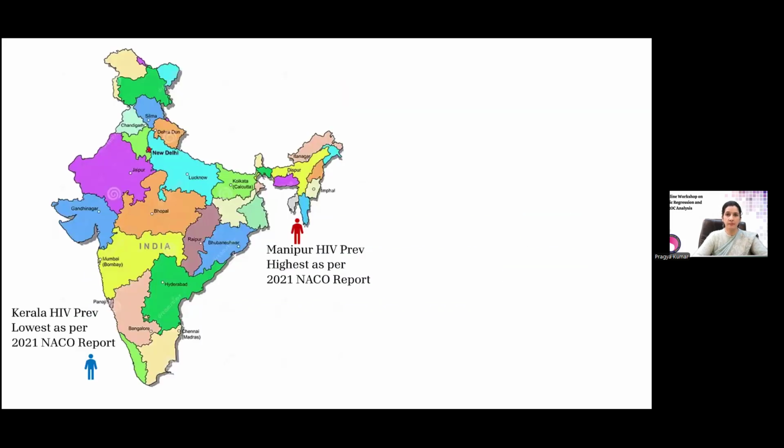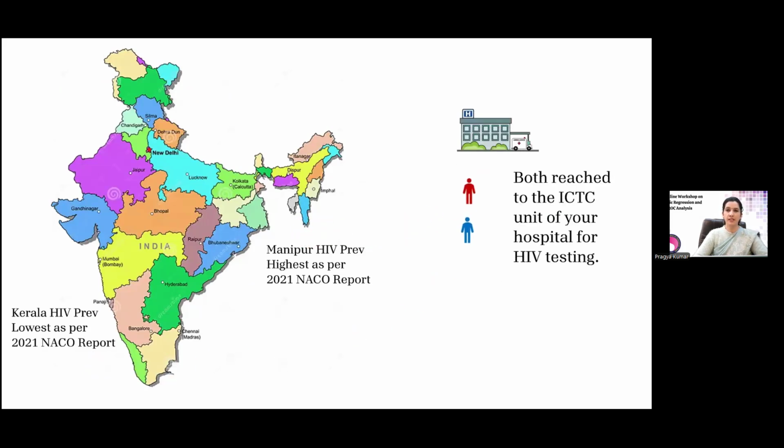Like for this example, if a person is living in Manipur, where we know that the HIV prevalence is high as per the NACO report, and another person is from Kerala, where we know that the HIV prevalence is lowest, and if these two people report to the ICTC center of your hospital for HIV testing, and both tested positive, who will have the more probability of having this HIV disease?